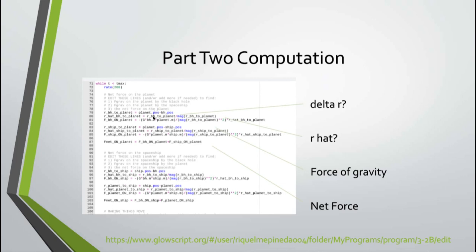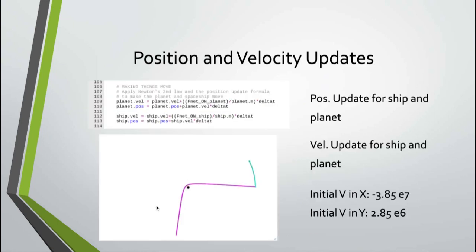Then you figure out the net force on the planet by adding the ship's and the black hole's forces. Likewise, for F net on the ship, you add the force of the planet and the force of the black hole on the ship together.